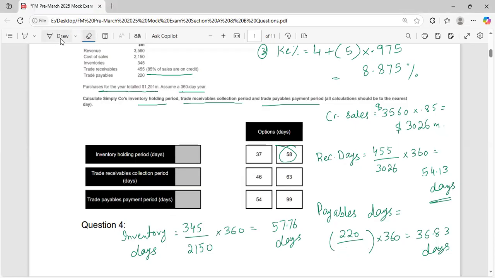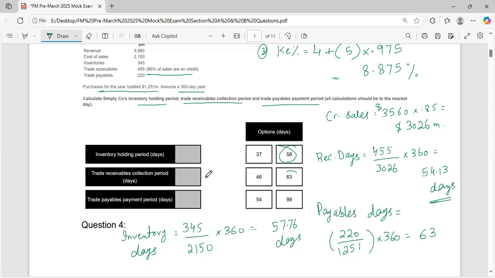I thought purchases are not provided. So 1251, we need to correct this answer. 220 divided by 1251 into 360. It is 63 days. So this is the right answer for payables days.